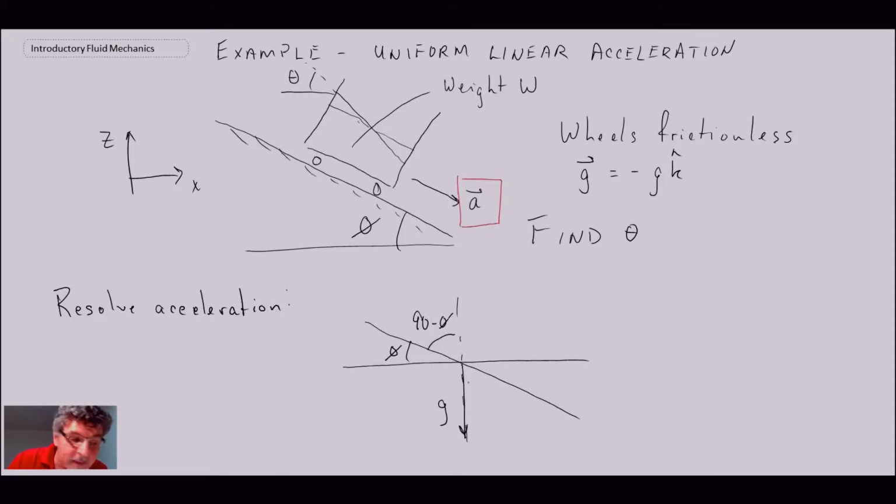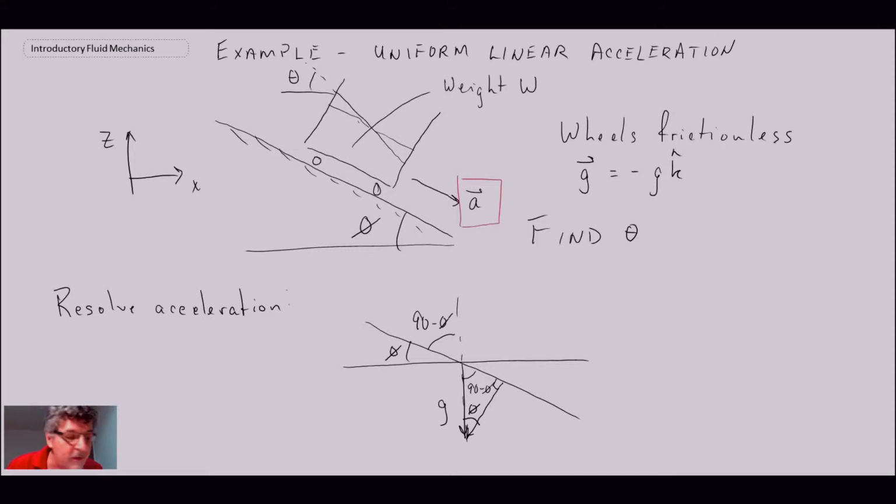That means that this angle here on this side is 90 minus phi, and this angle here is phi. I'm going to draw a right angle here. I'm going to get rid of that little phi because it's going to get in the way of my acceleration. Okay, so we have that, and that means that this angle here is phi. That's applying the geometry to figure out what is going on.